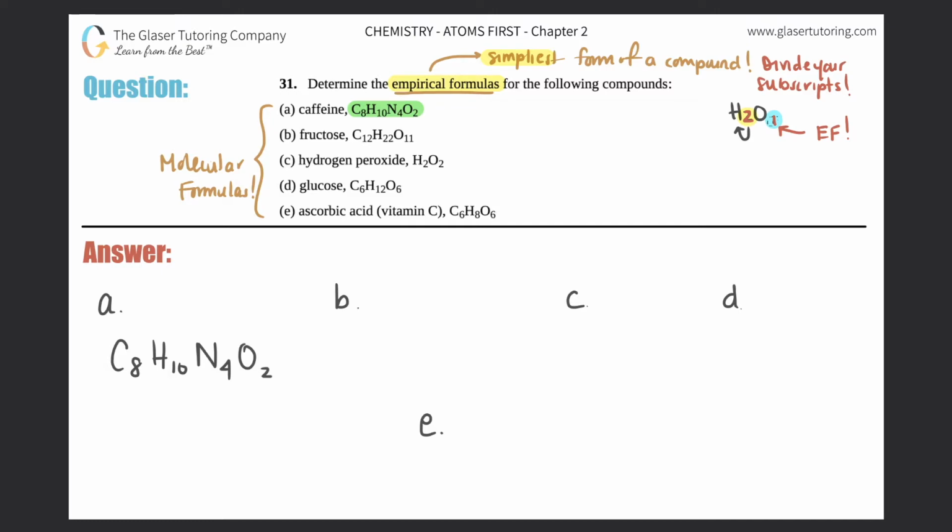So here we have 8 carbon, 10 hydrogen, 4 nitrogen, and 2 oxygen. Is there a number between 8, 10, 4, and 2 that you can divide by to get smaller numbers? Yeah, right? What number do the 8, the 10, the 4, and the 2 all have in common?